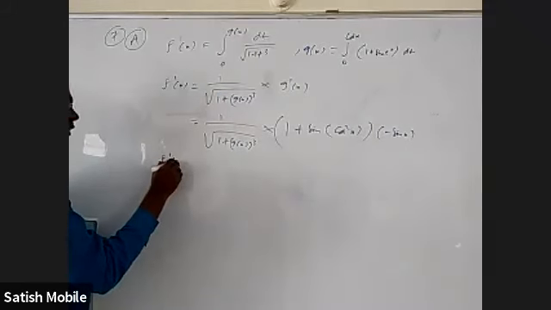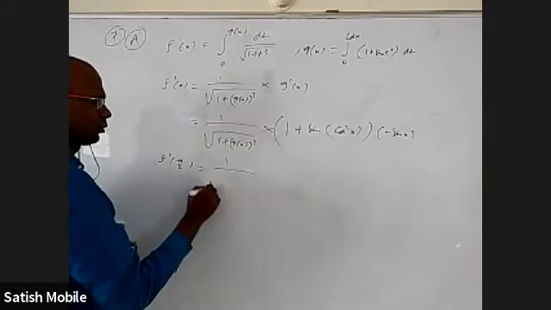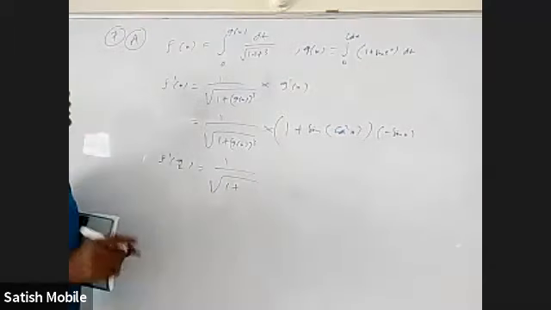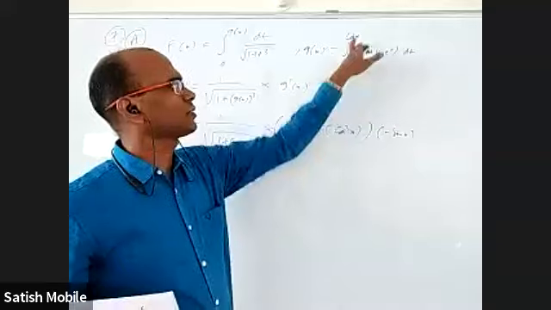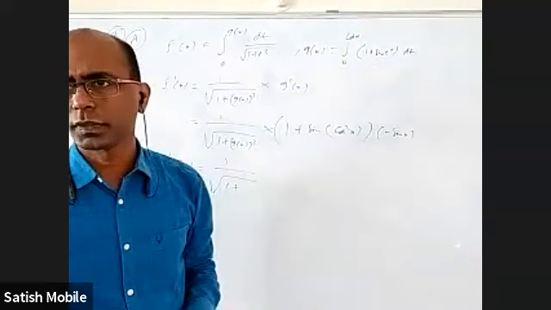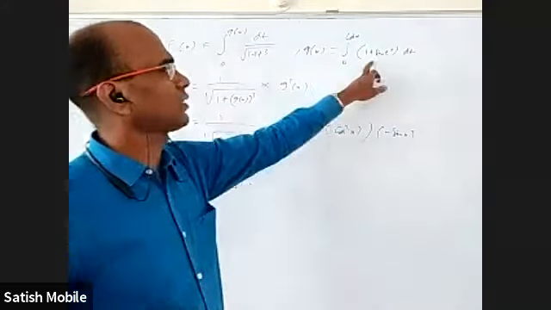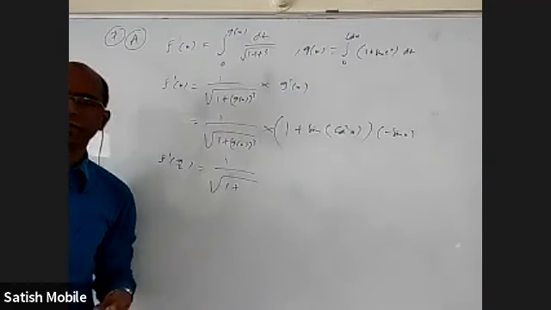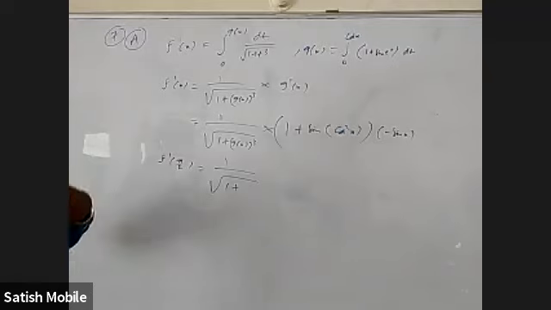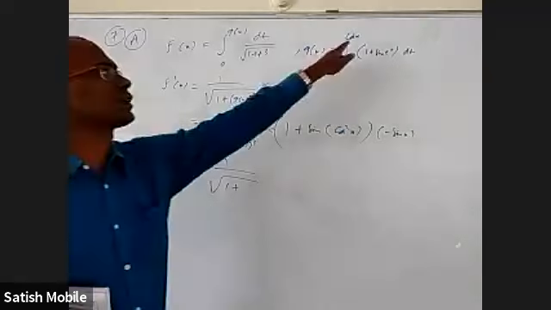Now if you want f dash pi by 2, 1 by root over 1 plus g of pi by 2. When you put x is equal to pi by 2, this is 0, this is 0. So I don't have to integrate this at all. Otherwise, sine of t square may not be possible to integrate; it may be an indeterminate form. But it is not necessary here because we are getting 0 to 0.